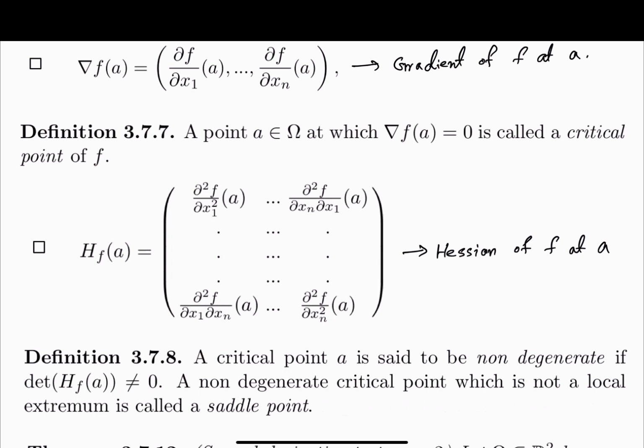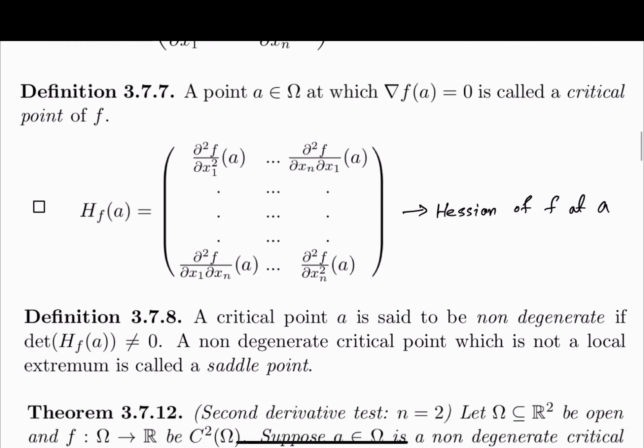It consists of all the second partial derivatives. The first component, a11, is the second partial derivative of f with respect to x1, and so on. On the diagonal are the second partial derivatives with respect to each xi, and off the diagonal are the mixed partial derivatives. This is called the Hessian of f at a.